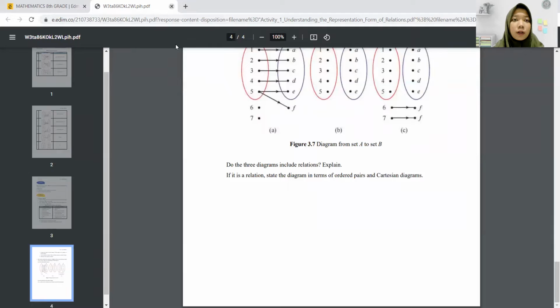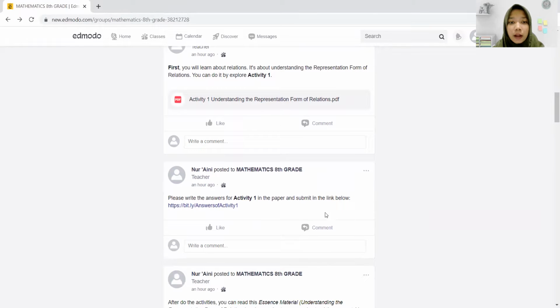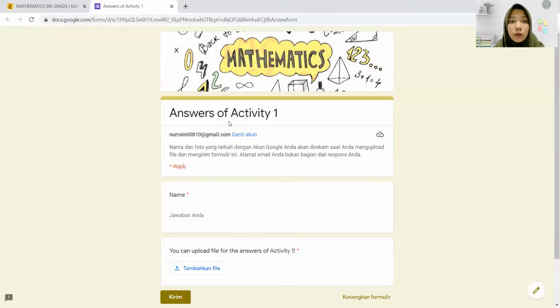After that, I ask students to write the answers for activity 1 in the paper and submit that in the link below. So the students have to submit their answer in this link.